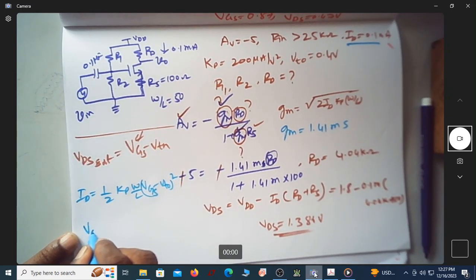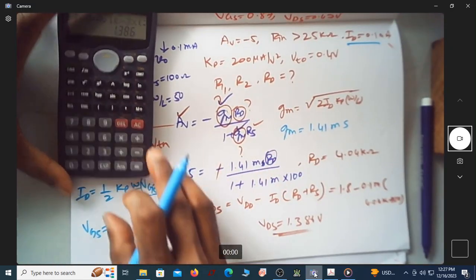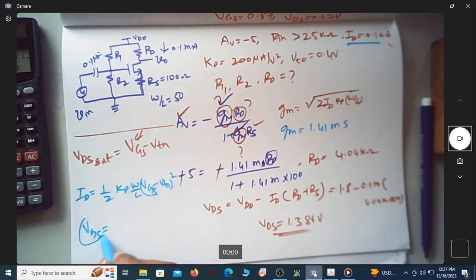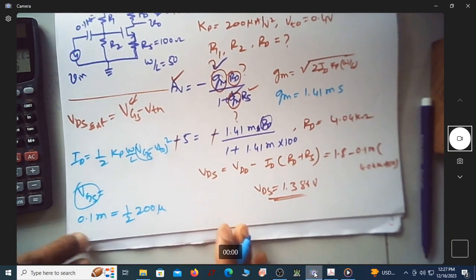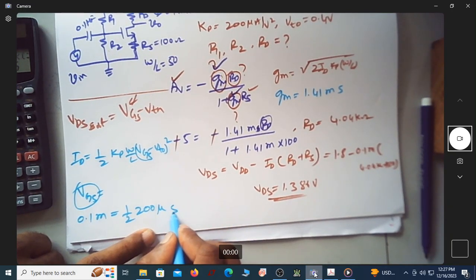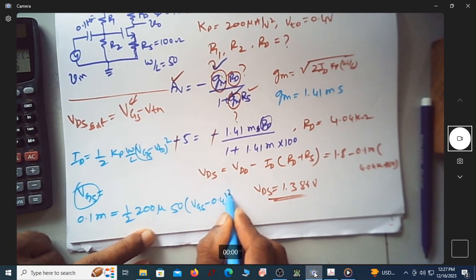I can get the value of VGS from this equation. So ID is 0.1 milli, equal to half Kp, 200 micro, W by L 50, into the unknown value minus 0.4 whole square.